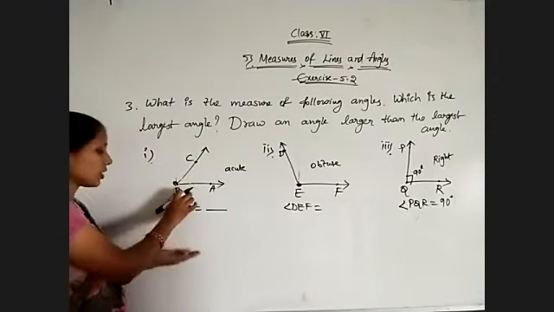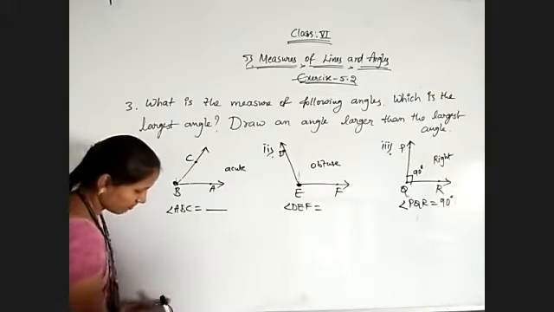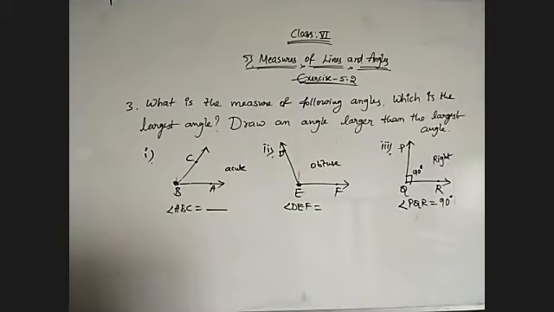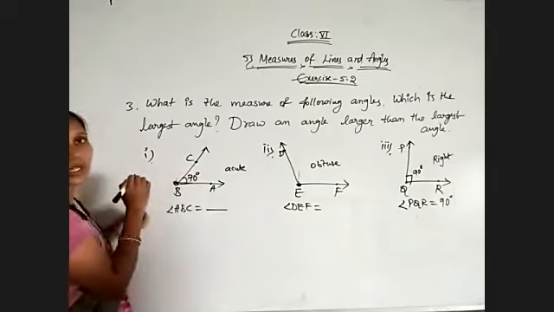So observe in your textbook. I'll find it in the textbook. I got angle ABC as 70 degrees in the textbook.